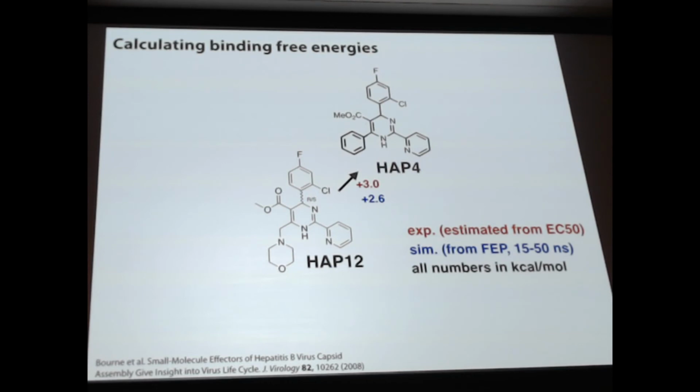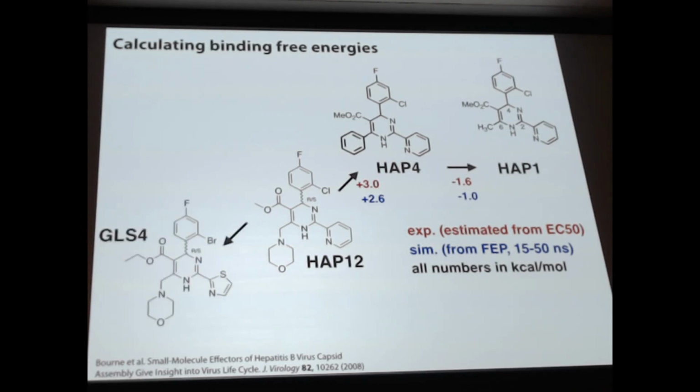Experimentally, estimated from a ratio of EC50s, it's +3. With FEP, run by Chris Chapeau, we get 2.6. So okay, that's pretty good. We can further go to HAP1. Again, pretty good agreement, -1.6, -1. GLS4 is one of the better compounds out there in testing. Again, we get pretty good agreement.